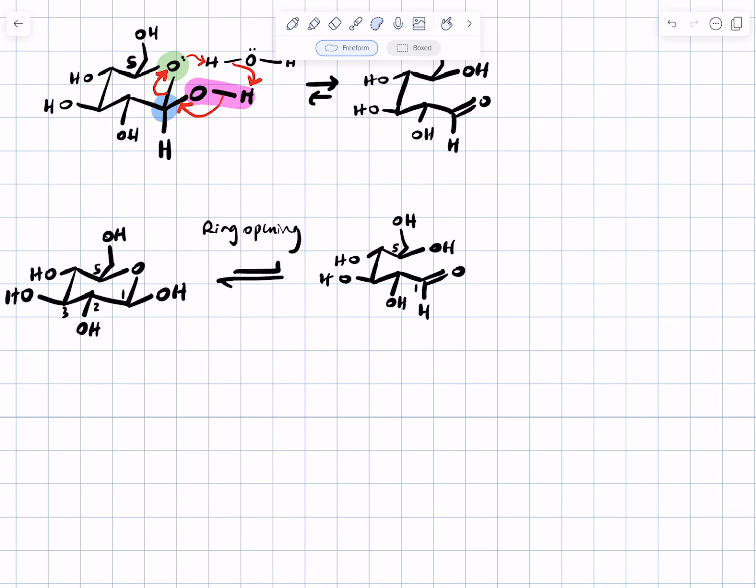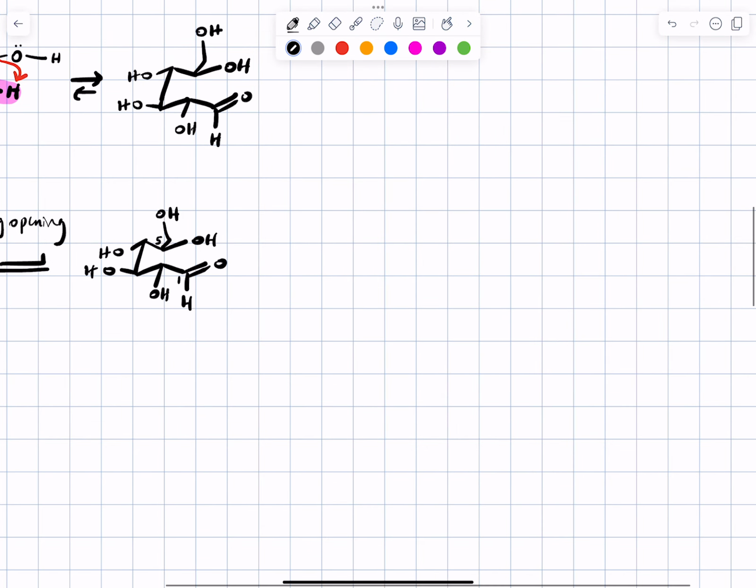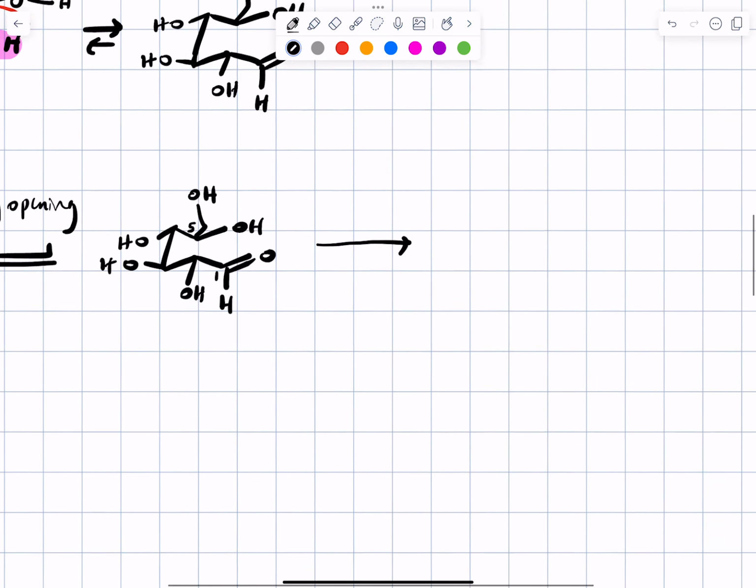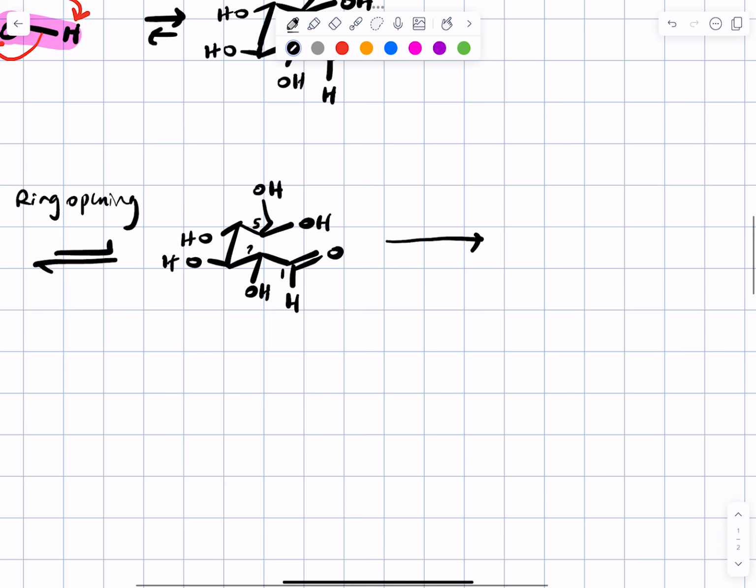But you could see that if I rotate around the bond between C1 and C2, oops, suddenly had an eraser.